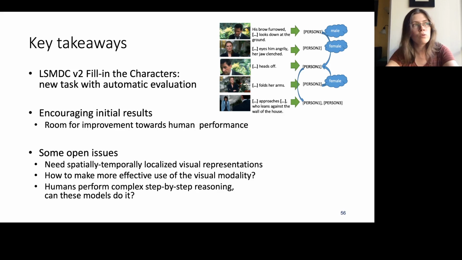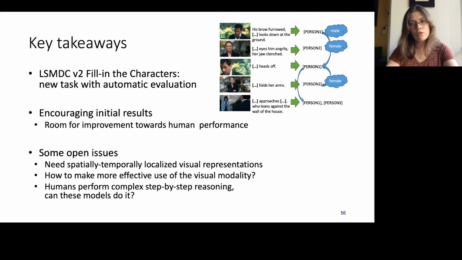So how to more effectively use the visual modality to see more significant gains over the language-only model. And also, like I showed you, we as humans can perform all this pretty complex reasoning step by step. Can these models do this? And how do we teach them to do this?